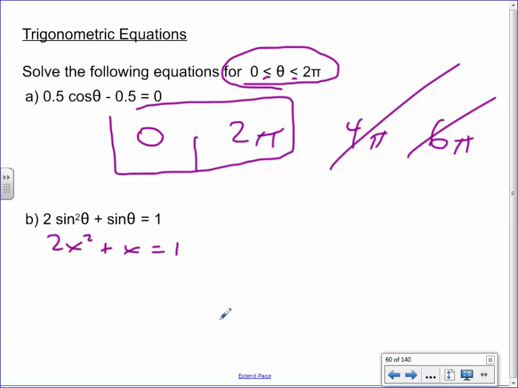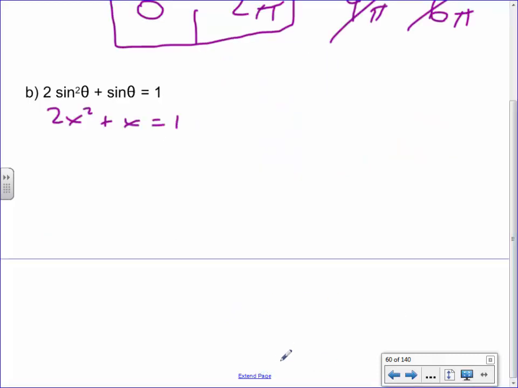You guys get what I'm saying there? How do you solve quadratics? Nope. You're almost done. How do you solve quadratics? What's the basic way of solving quadratics? Make one side equal to 0, yeah. So here's how you're actually going to solve this. You're going to make it 2x squared plus x minus 1 equals 0. And I'm going to factor this guy.